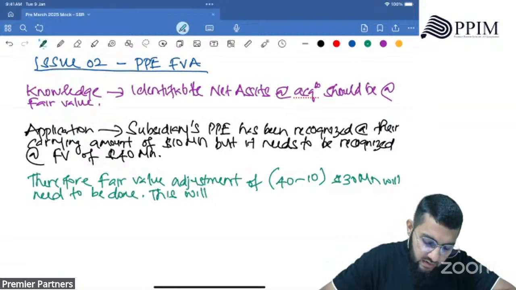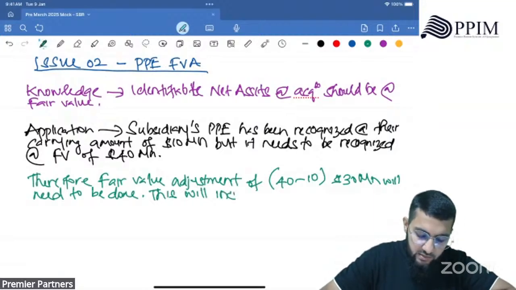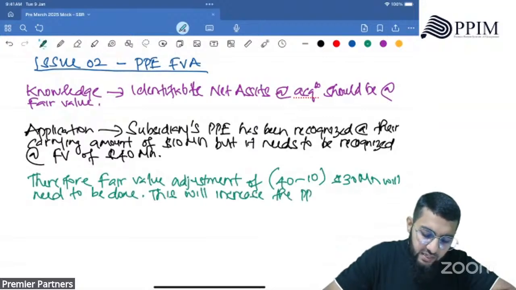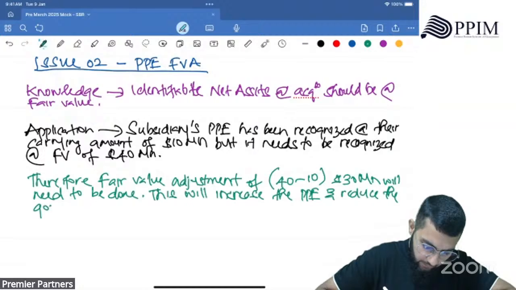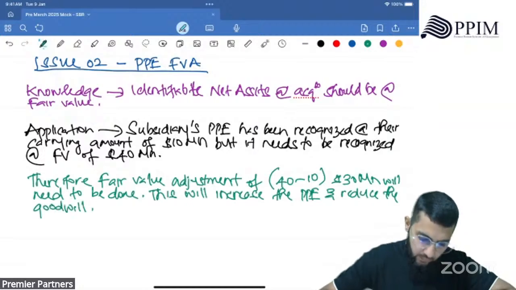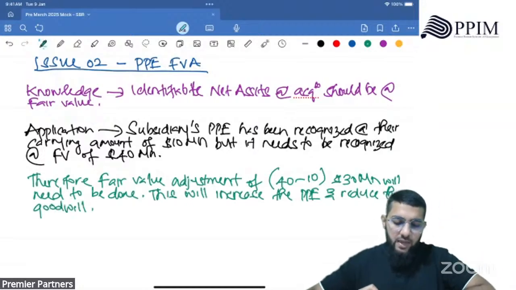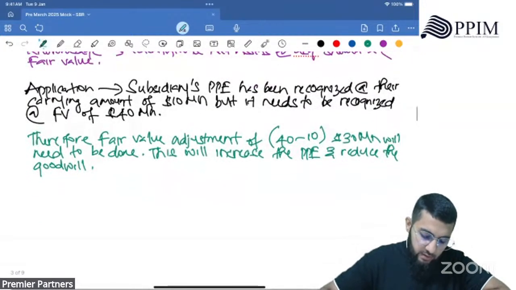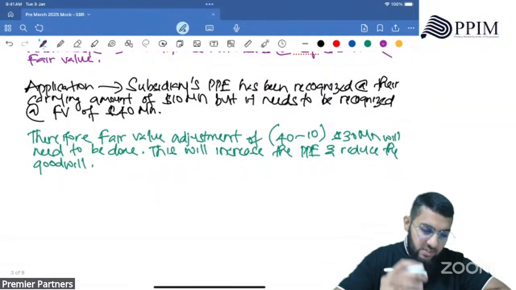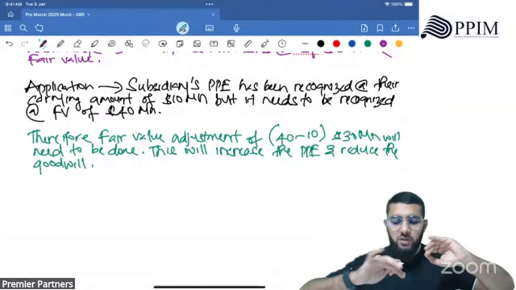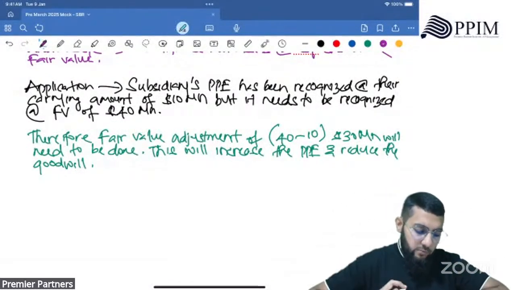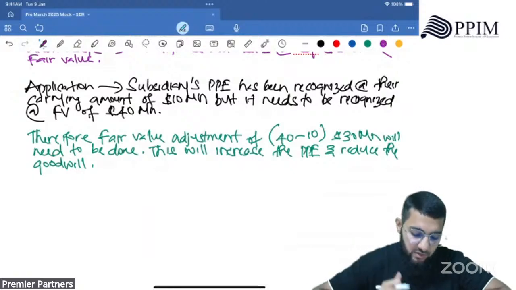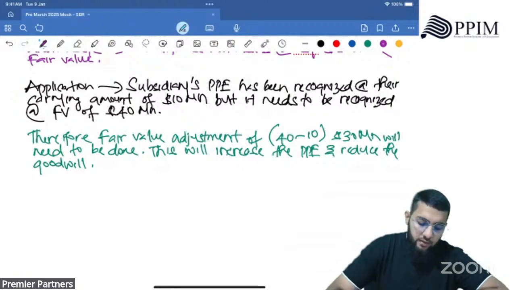This will increase the PPE and reduce the goodwill. Quick note, I'm changing color so you remember: when I'm doing knowledge, I'm using purple; application, black; and calculation, green.